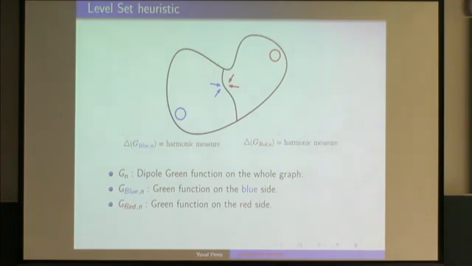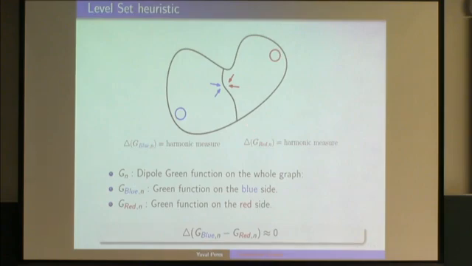These two natural green functions have Neumann boundary conditions on the original boundary, so reflecting at the original boundary but getting killed at the interface. Each of these functions is harmonic away from its source, so the blue green function has Laplacian 1 inside the blue source, 0 everywhere else, but of course the normal derivative at the boundary is going to be the harmonic measure. Similarly, the normal derivative of the red function here will be the harmonic measure.